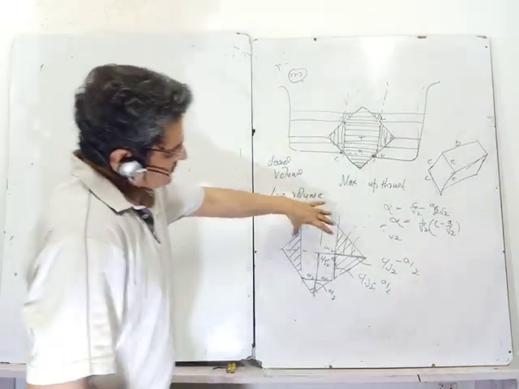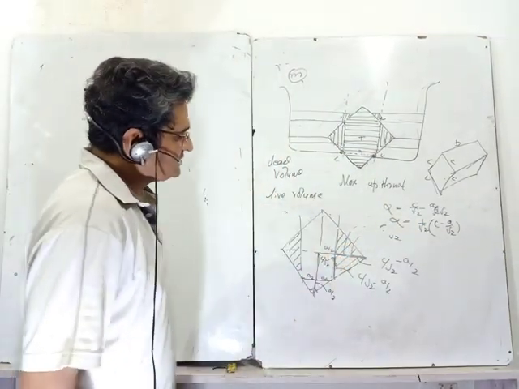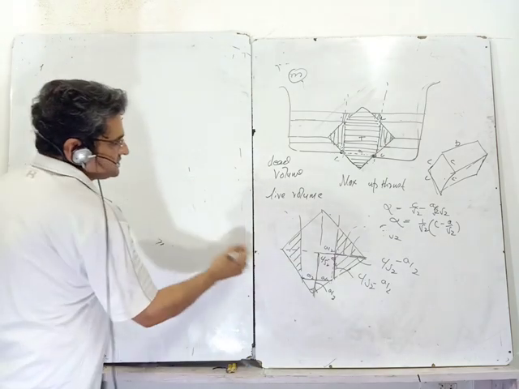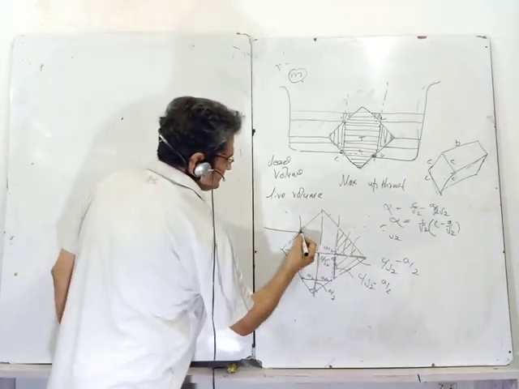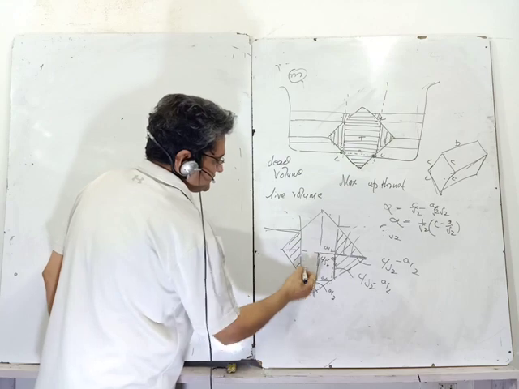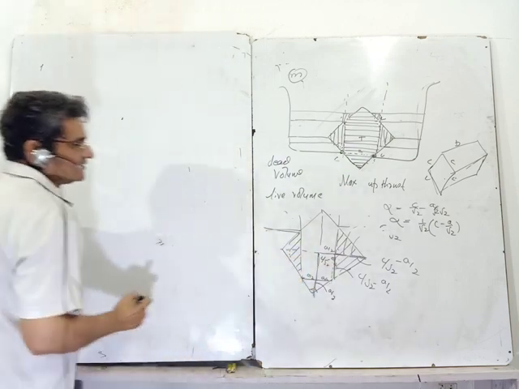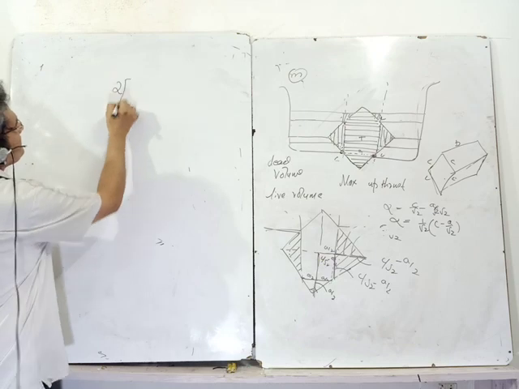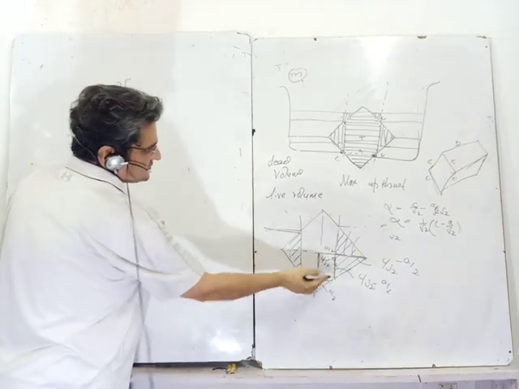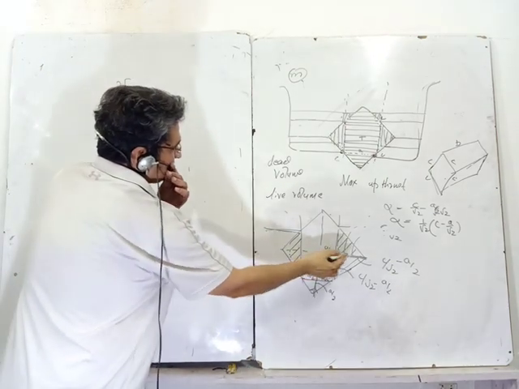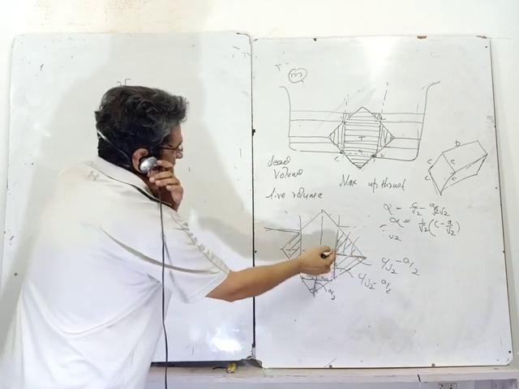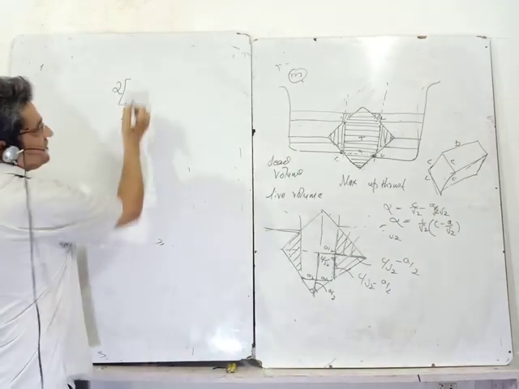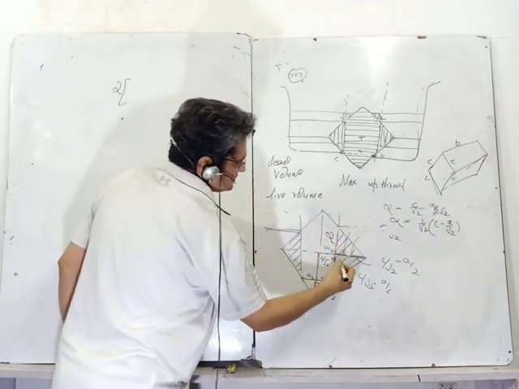So what is the volume which gives me the maximum upthrust? This was the point which we had seen. This volume is because of these two cross-section areas, so it is twice the area of this triangle. What is this area? Half base into height. This is the base and this is the height.